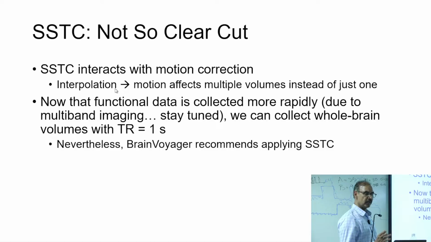So just doing a time shift may not work properly. But with multiband sequences, one can collect the whole data within a second. So sometimes these problems don't become much of a problem as with a TR of 2 seconds or higher.